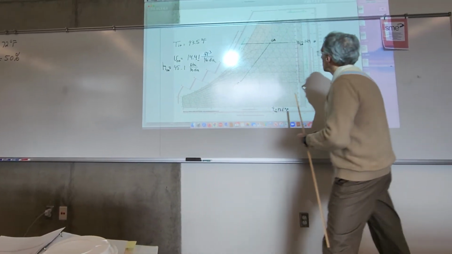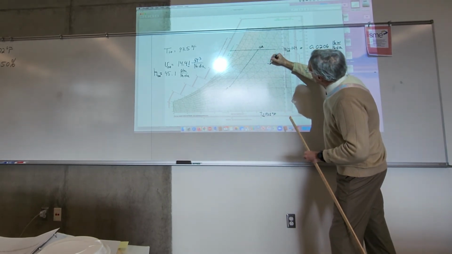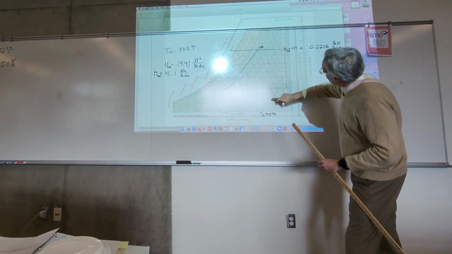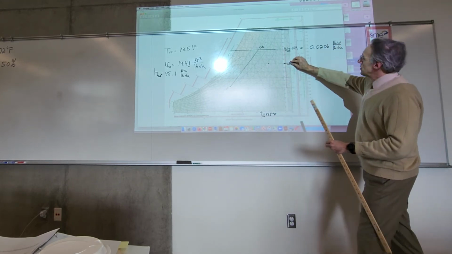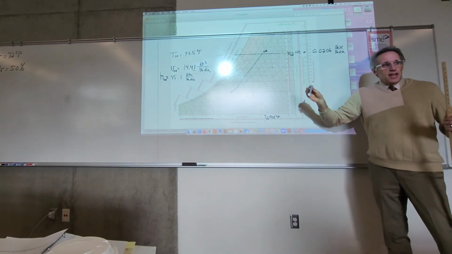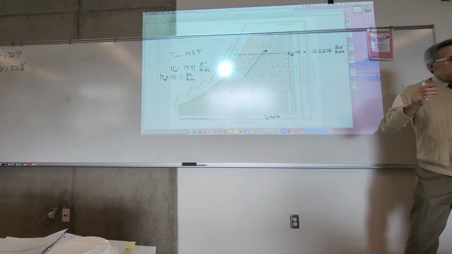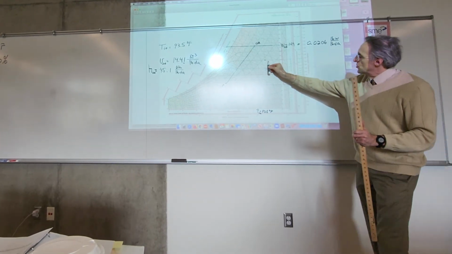So for example, you've got air going into your conditioning unit here at 100 degrees and 110 grains of moisture. When this goes into the air conditioner, this air is going to come into contact with the cold refrigeration coils, and it's going to cool.